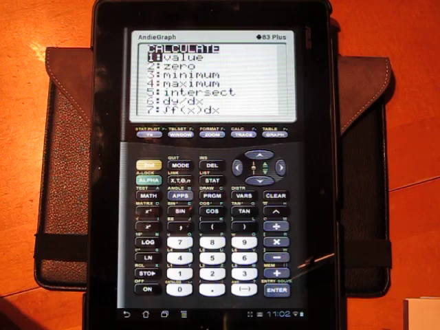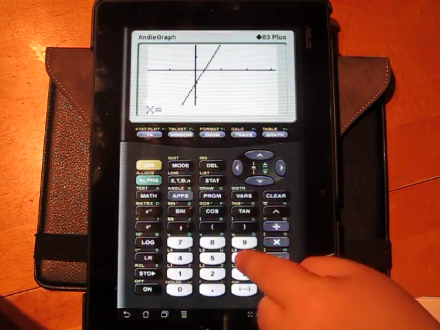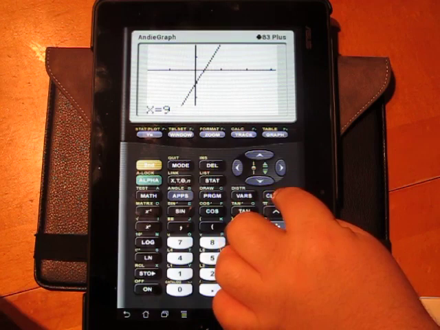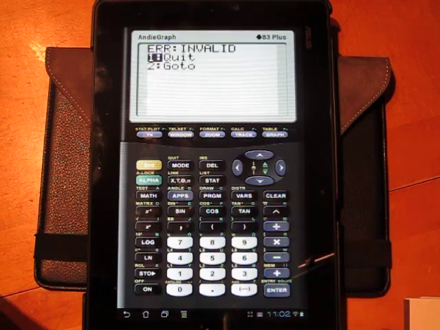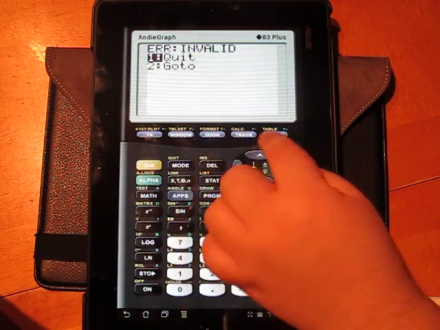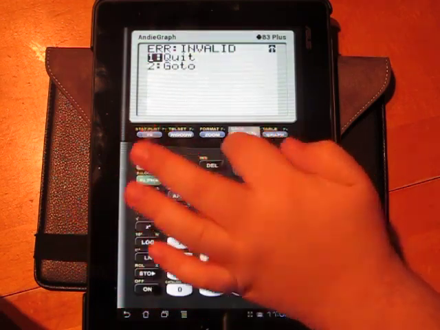input a value for x. So I could say if x is 9, but it's going to be out of my screen. Whatever. If x is 9, there it shows invalid dimensions, because I went outside the range. So I go second function, calc again, go back to where I was.